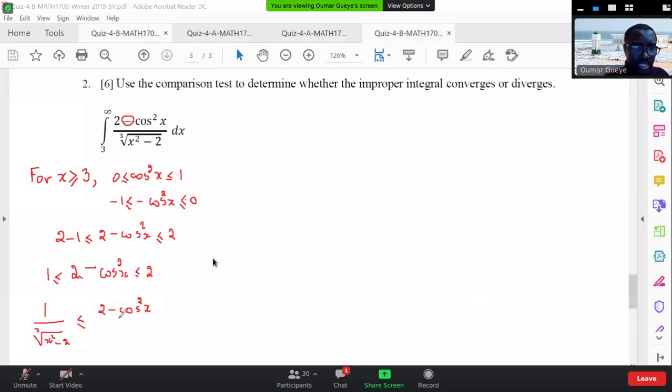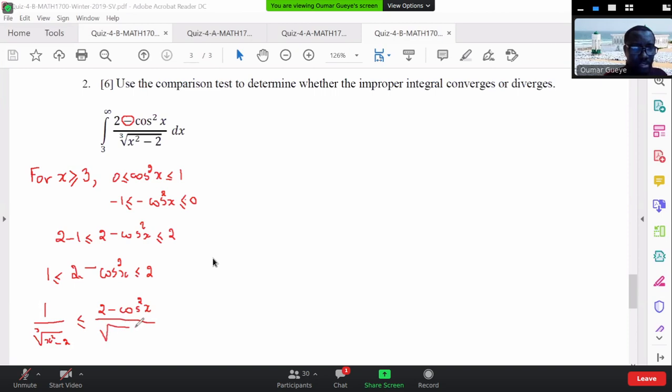From the previous step, I divided the double inequality by this denominator. As I told you, I'm trying to squeeze my function in order to be able to conclude about the improper integral.